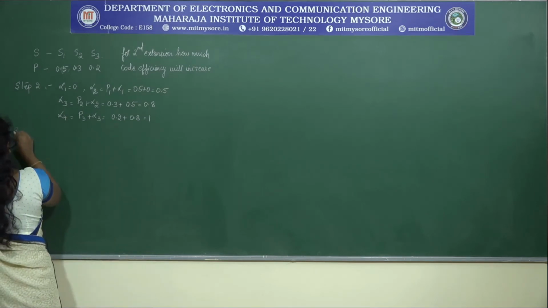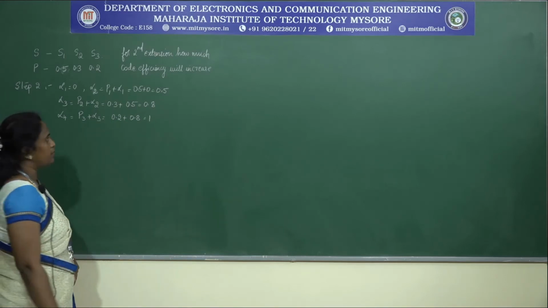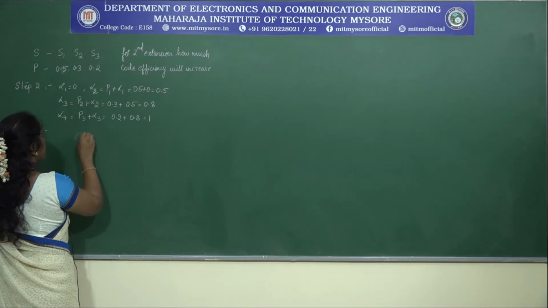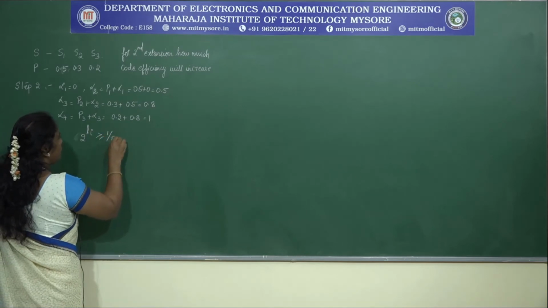Once you compute the sequences, next you need to find the length of the corresponding bits. How are we going to calculate the length? You calculate it with respect to the formula 2 to the power Li greater than or equal to 1 by Pi.